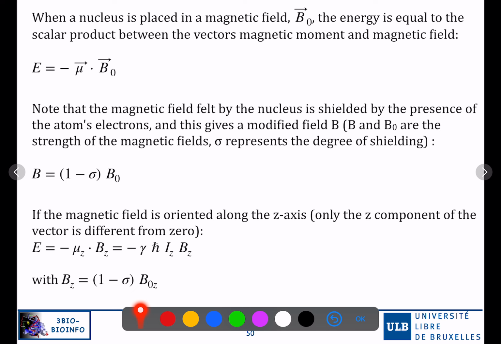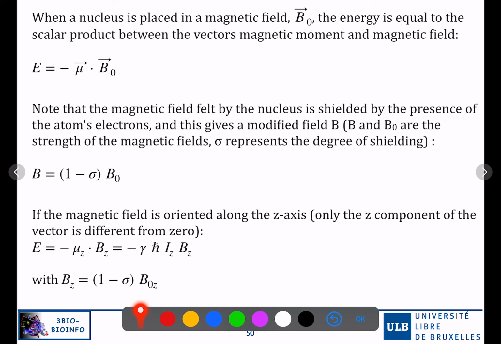And this will simplify the calculations. If I orient the B0 magnetic field along the z-axis, only the z component of the vector will be different from 0.